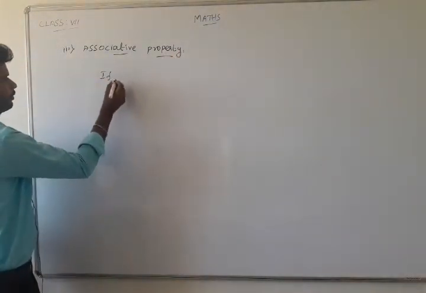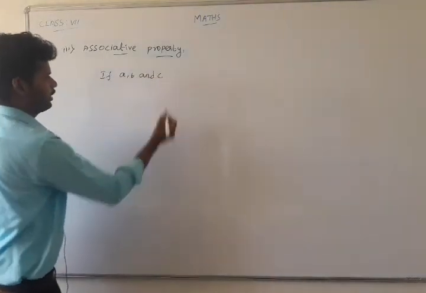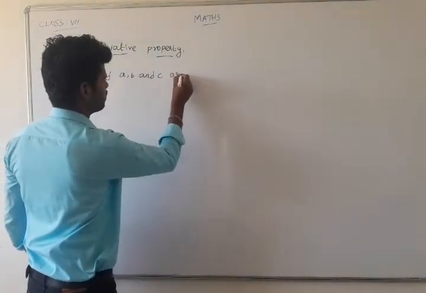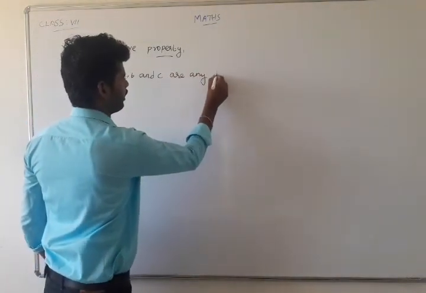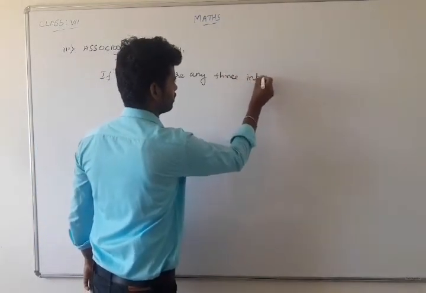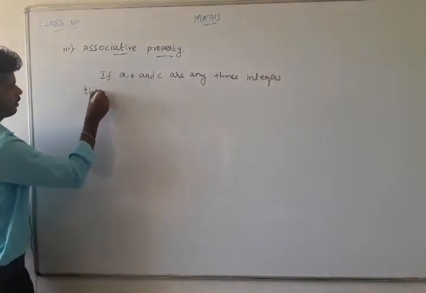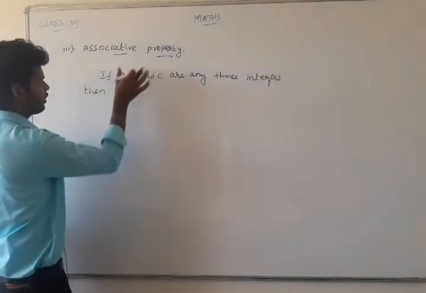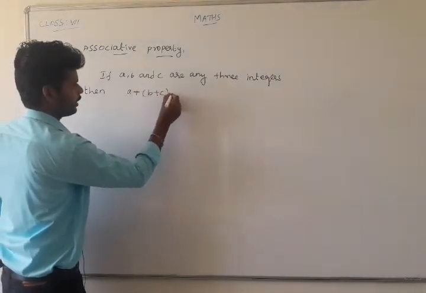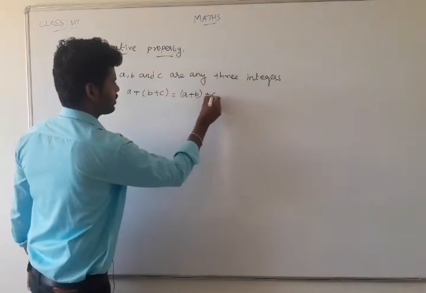If A, B and C are any three integers, then associative property means A plus B plus C equals A plus B plus C with different grouping.